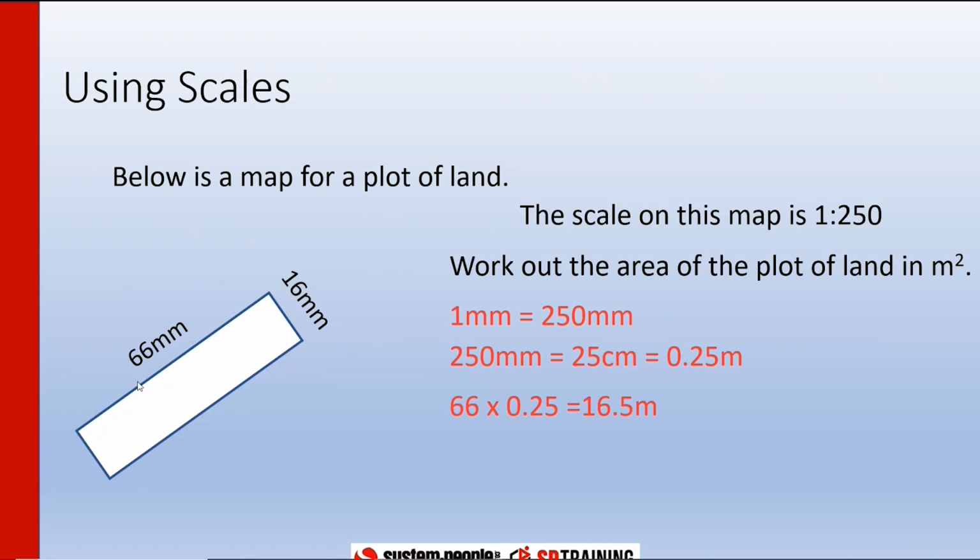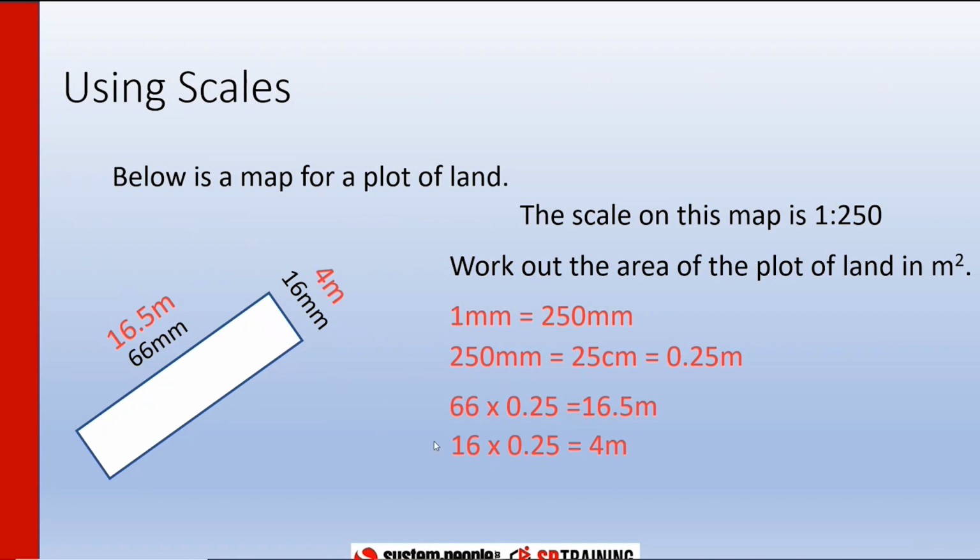So we take our 66 millimeters and we multiply it by 0.25, which is what 1 millimeter is worth, and we find that the 66 millimeters is worth 16.5 meters. We do the same with the 16 millimeters, times that by 0.25, and we find that that distance is 4 meters.